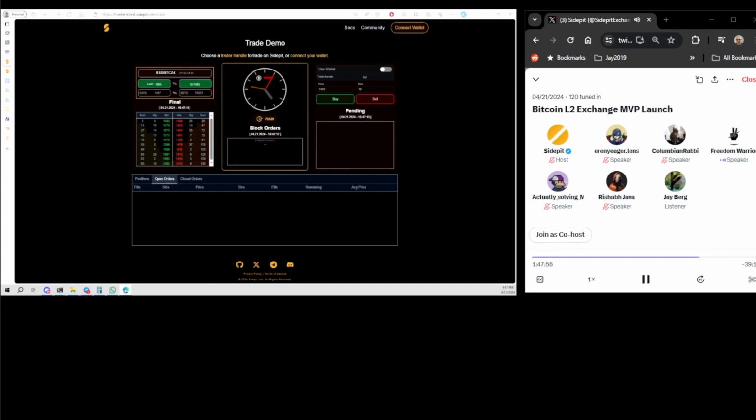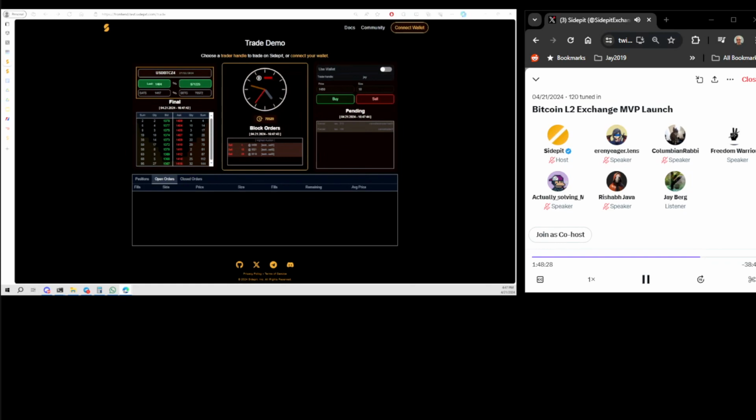Go for it. What's the whole shtick here with Sidepit? Maybe as if I'm an investor. Yeah, so if you go to sidepit.com/trade, you can watch what's happening. Sidepit is a solution to exchange that removes manipulation from Wall Street bots and from MEV bots.